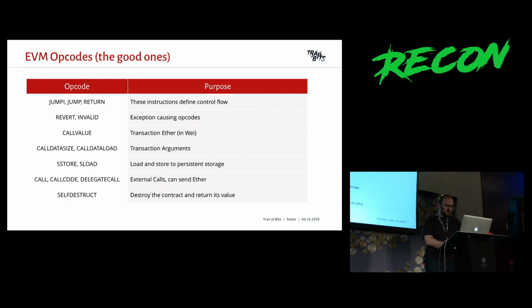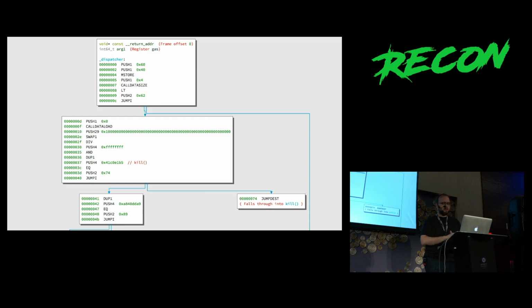So in our EVM analysis, we wrote a Binary Ninja plugin, and also an IDA plugin, called Ethersplay, that does graph-based assembly of Ethereum. I just want to go a little bit into this. I know Patrick covered a little bit. So we enter the dispatcher, and the first few things we do here are push 60 and 40, and then this mstore.